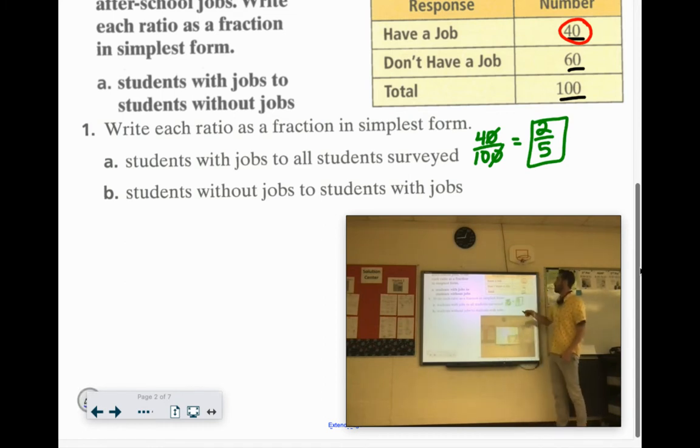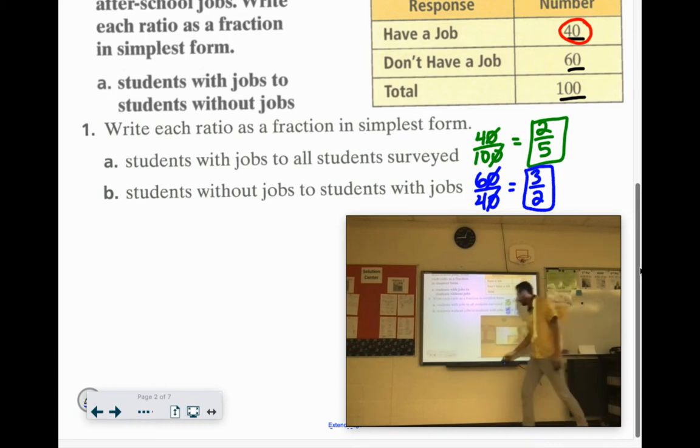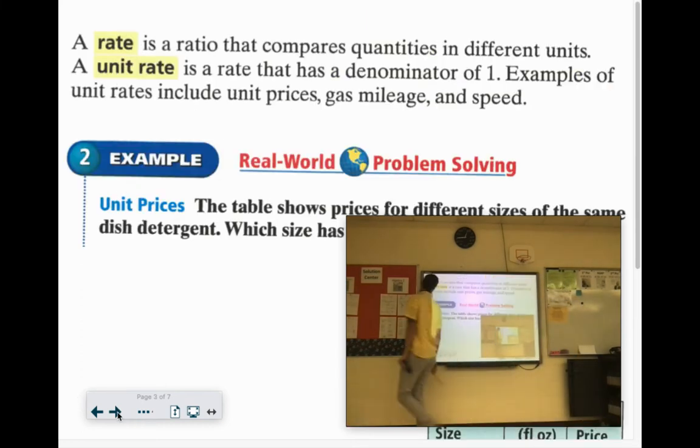Well, students without jobs was 60. Students with jobs was 40. Knock off a 0. 6 and 4 are both divisible by 2, so that would be 3/2.